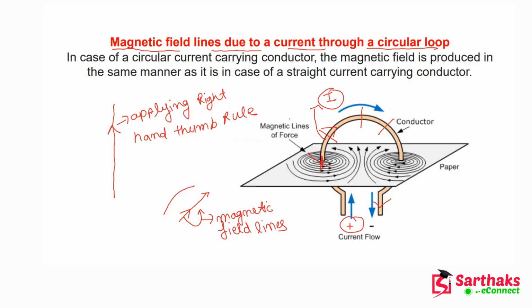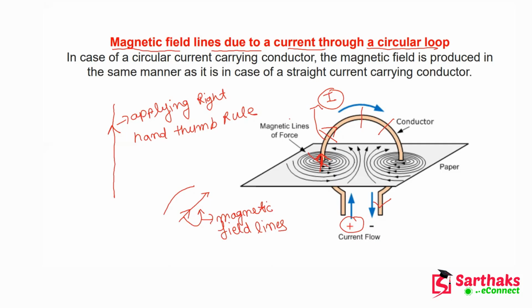Here the current is moving upwards. When you apply the right hand thumb rule, you will find that the magnetic field lines are like this. They are entering from our side and going out from the other side. So this is the direction of magnetic field lines in this case.